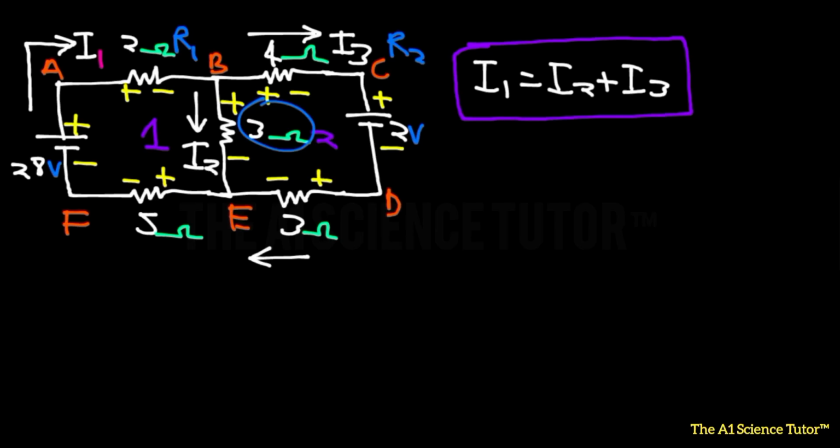Well, I think I'm going to change that. Let's make that one R2. So let's say this is R2, and let's call this R3. Now this is going to be R4, and let's say this is R5.